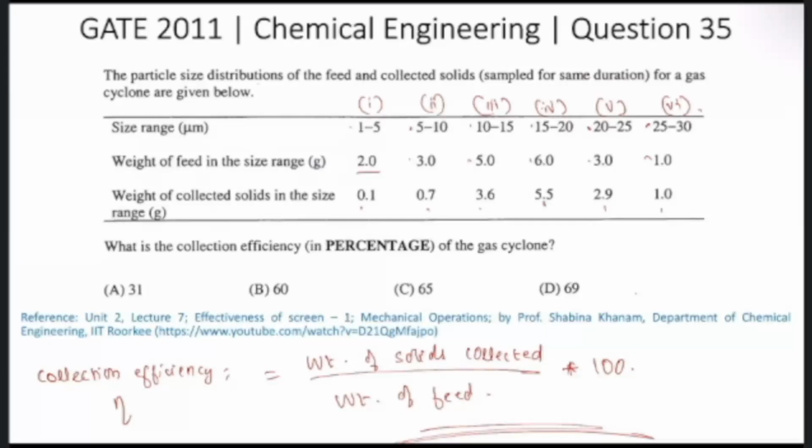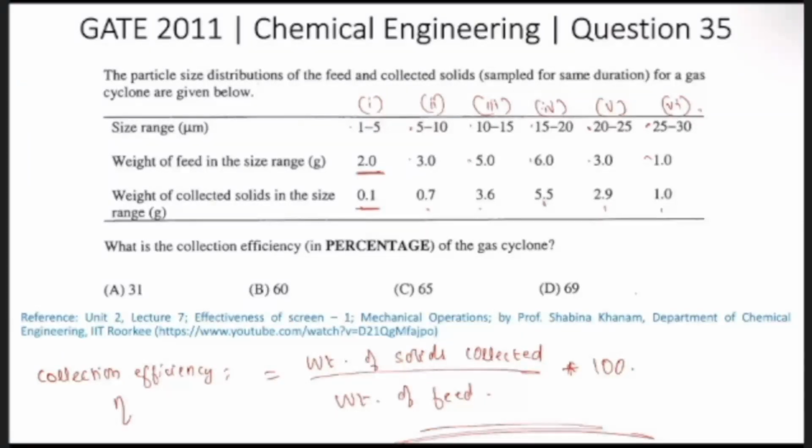The weight of the collected solids in this size range is 0.1, and the weight of the feed is 2.